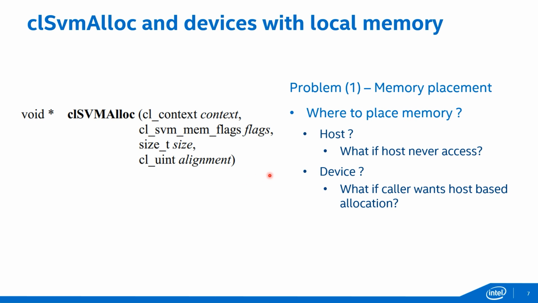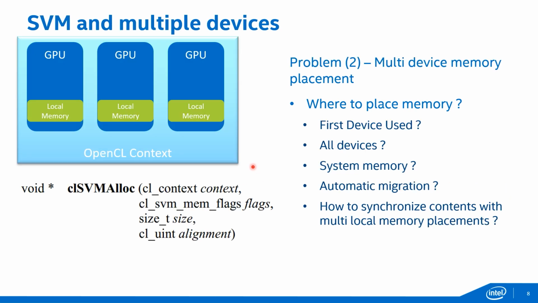If we go further to scenarios where there are multiple devices, where each GPU has its own set of local memory, and the OpenCL context combines multiple GPU devices, things start to get even more complicated. There are even more questions about where to put the memory. Should we do this on the first local memory that's being used on any device, or should we place it on all devices?